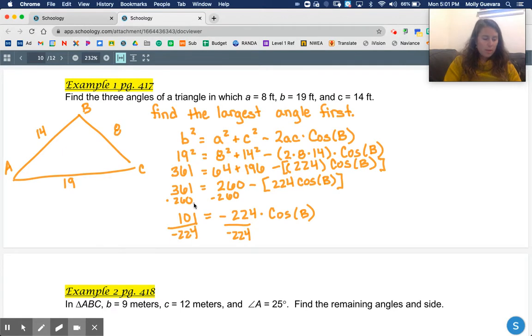So 101 divided by negative 224, and I get some icky, gross decimal, right? 0.4508 and so on, equals cosine of B. So then the last thing would just be to take the cosine inverse of that.